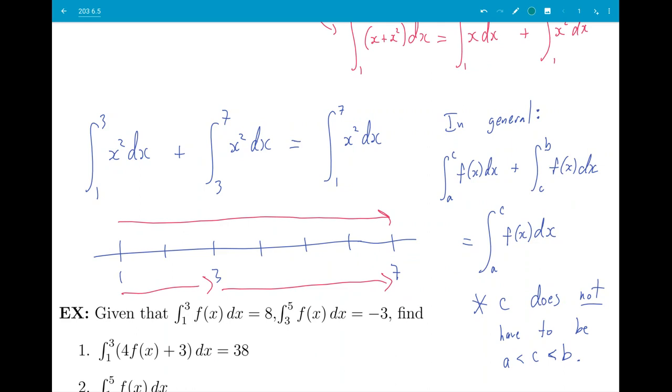It can be less than A, it can be bigger than B. In fact, you have full flexibility.